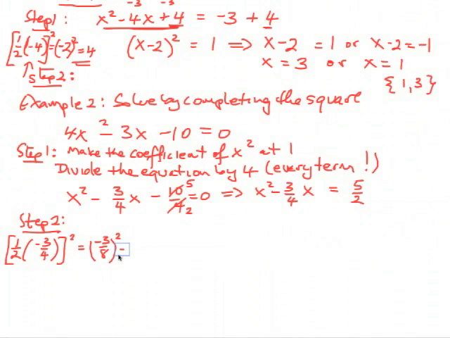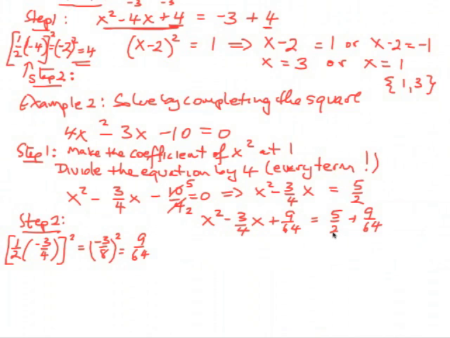Square it gives me 9 on 64. So this is going to mean that we're going to have to solve x squared minus 3/4 x. I'm going to have to add the 9 on 64 this side, and I'm going to have to add the 9 on 64 this side.